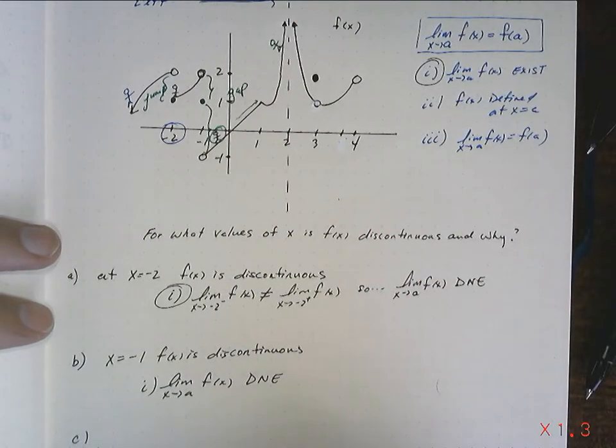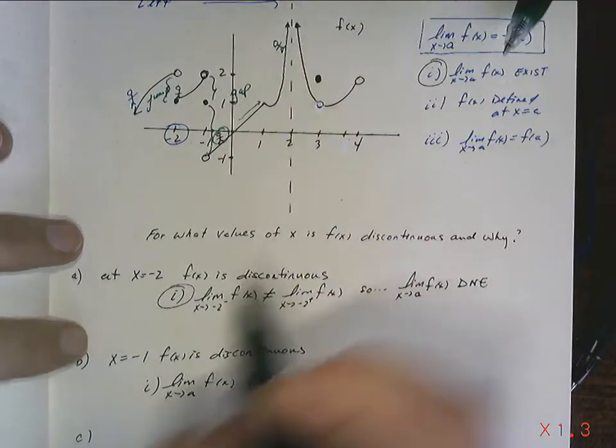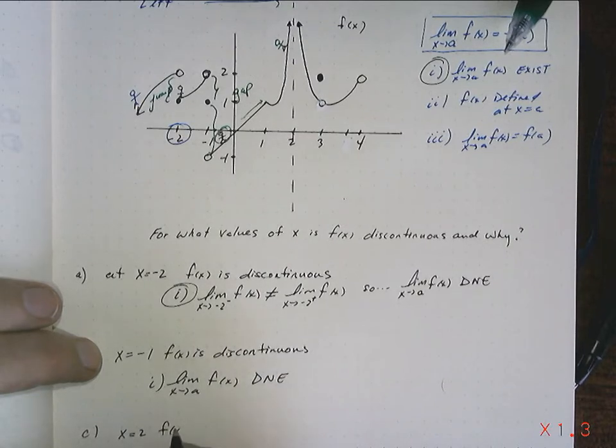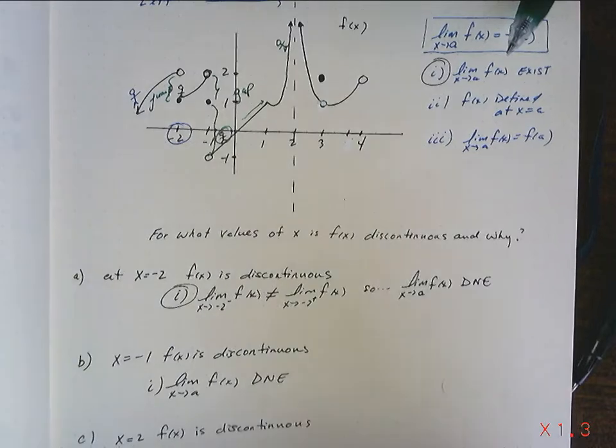And it's really sad. We say bye, and then he's gone. So the curve is actually discontinuous at x equals 2. He's never coming back.